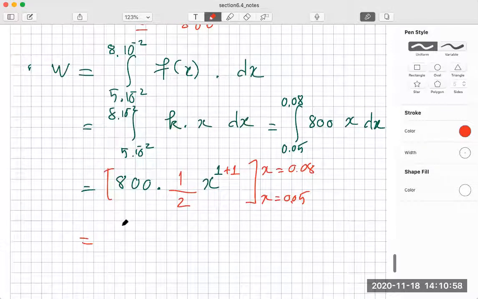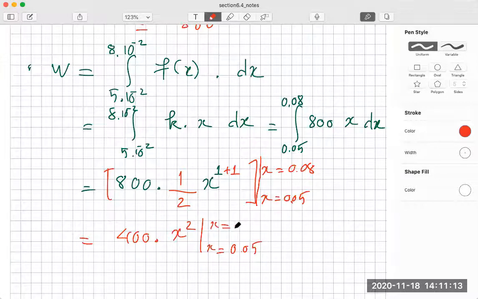We will find it would be 400 times x squared, evaluated at these limits, and it will be 1.56 joules. Okay. Do you have any questions?